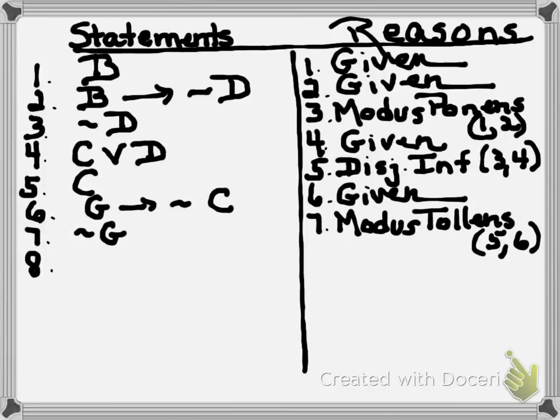So the negation of the conclusion means the negation of the hypothesis. Don't actually negate this or simplify it. That's a different step. But the negation of the conclusion means the negation of the hypothesis by modus tollens.